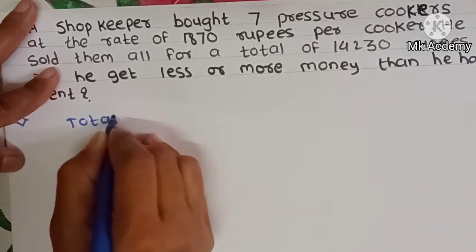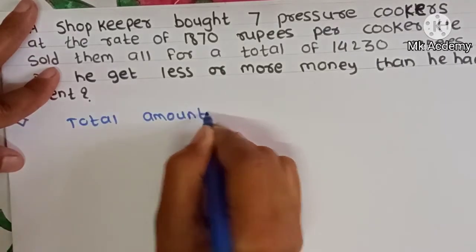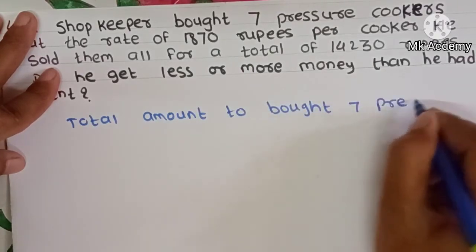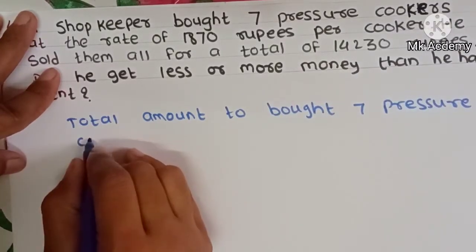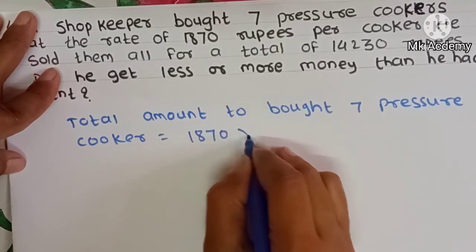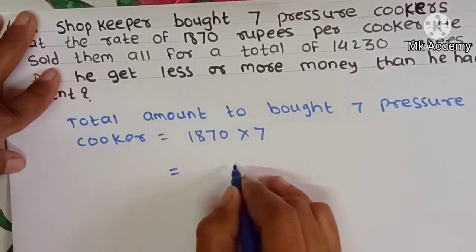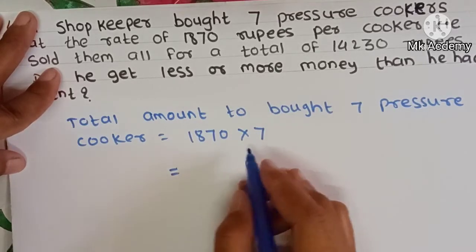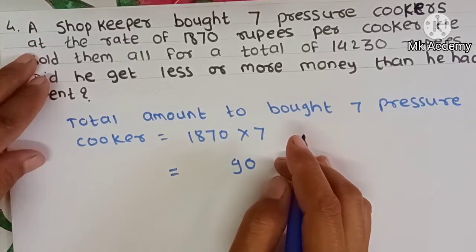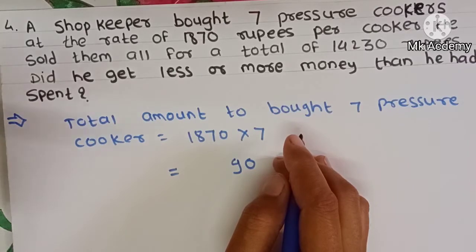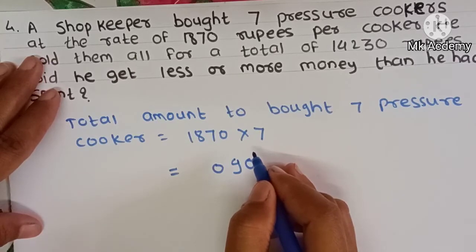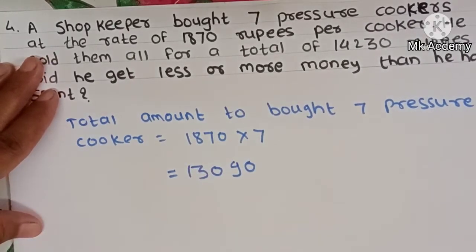Total amount to buy 7 pressure cookers is equal to 1870 multiplied by 7. 7 times 0 is 0, 7 times 7 is 49, carry 4, 7 times 8 is 56 plus 4 is 60, carry 6, 7 times 1 is 7, 7 plus 6 is 13.